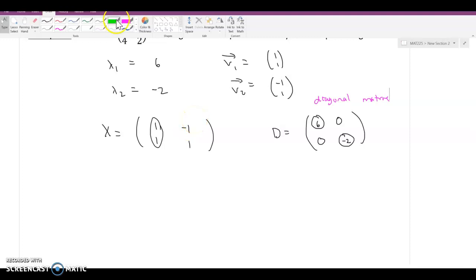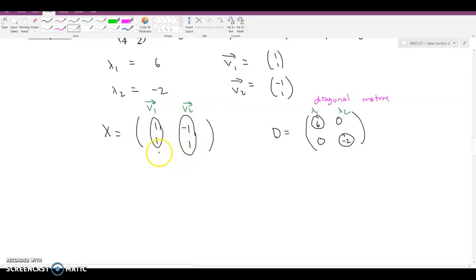And so we just wanted to make sure that our columns, again, it doesn't matter what order you list your eigenvectors in, probably whatever one you call v1 goes first, v2 goes second, but then you need to make sure your corresponding lambdas are along the diagonal. So if this is v1 and v2, then this needs to be lambda 1 and this needs to be lambda 2.